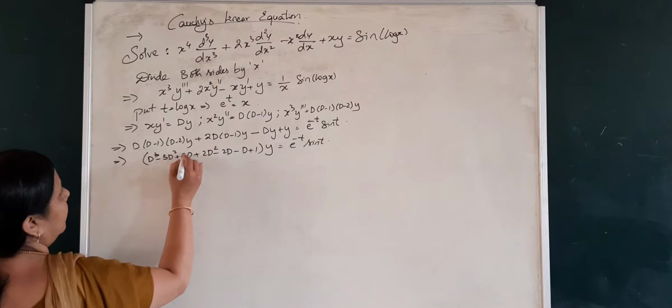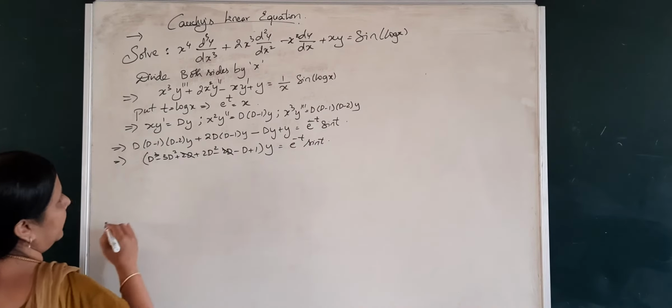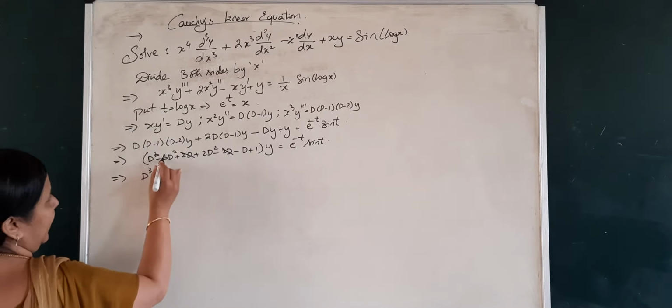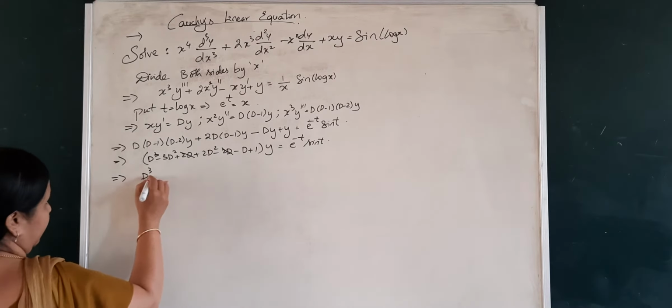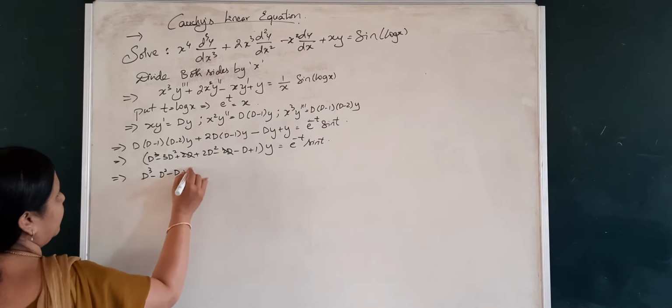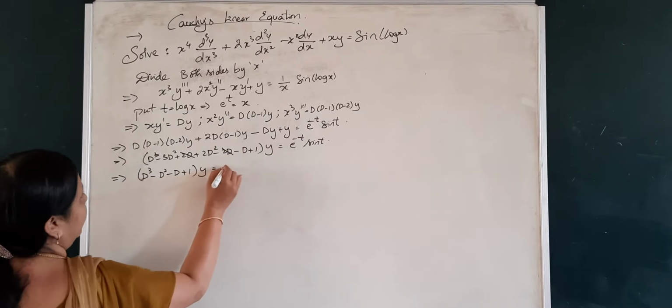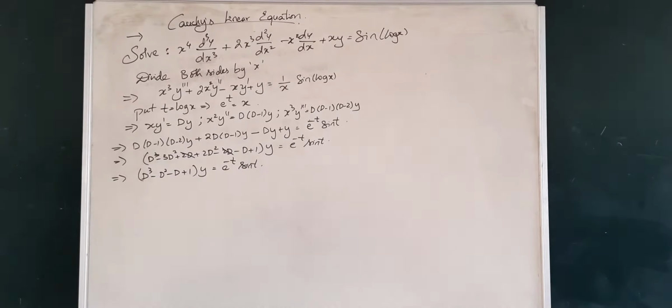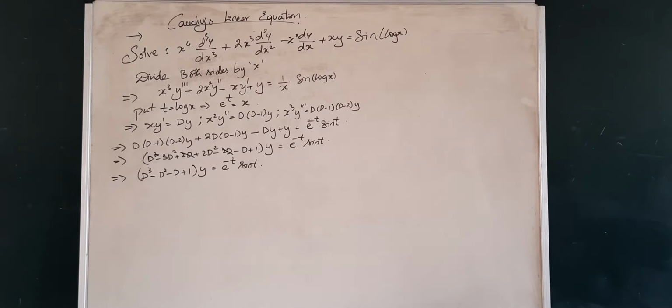We have positive 2d and negative 2d cancelling. So we are going to get d cube minus d square minus d plus 1 into y equal to e power minus t sin t. And of course this is the standard form of the differential equation with constant coefficients.